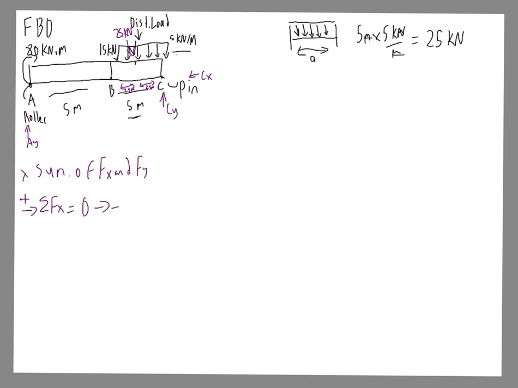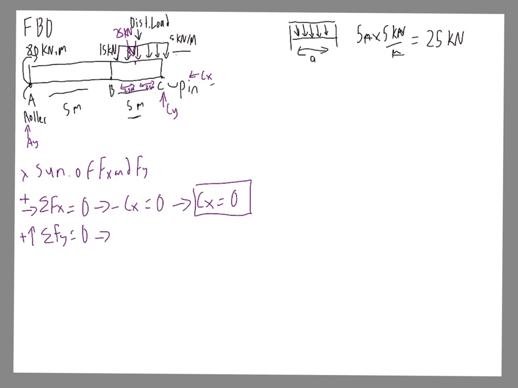Okay, so it'll be minus CX is the only thing acting in the X direction, meaning CX equals 0. Cool. Okay. Let's go to the Y direction. It's the same way. Standard, blah, blah, blah. Positive Y direction equals 0.